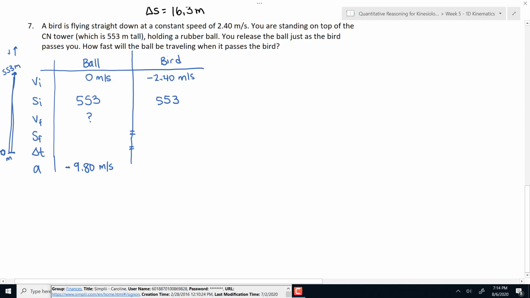The bird is moving at a constant speed, so its acceleration is 0 meters per second squared. Okay, so what we're trying to do is find SF for both the ball and for the bird, and then set those two equations equal to each other.